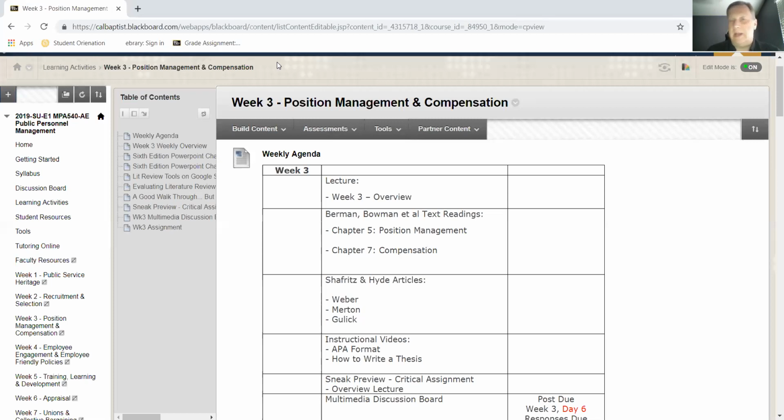So a position that has more supervisory responsibility or requires higher levels of education or more years of experience, those positions at the federal level might be categorized as a GS 15 position, as opposed to a position that requires fewer of those skills, which may be a GS 10 or 11.